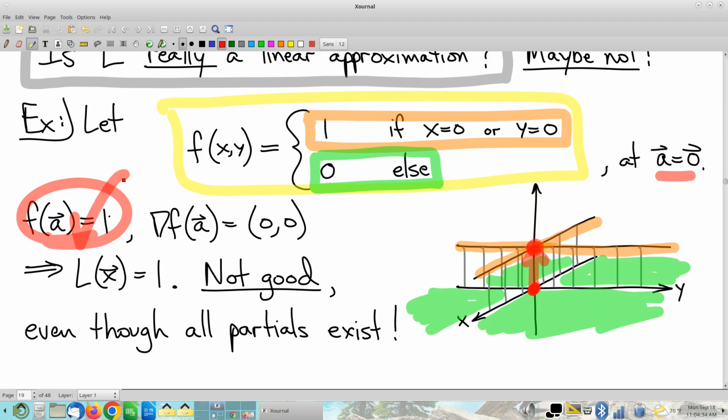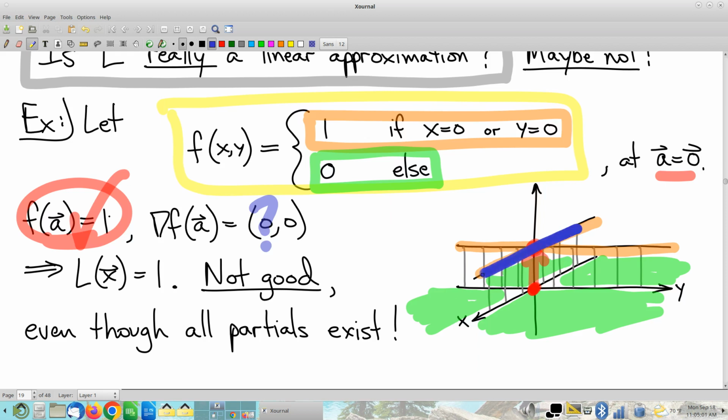And then I've got to take the gradient. Now, wait a second. Let's think this through. What is the gradient? Keep in mind the gradient is made up of partial derivatives. The first coordinate of the gradient is the partial with respect to my first variable. I need to compute the partial derivative of this weirdo with respect to x. I'm not going to be able to do that with formulas because this isn't a formula kind of function. But I can look at the picture and see that's really no problem.